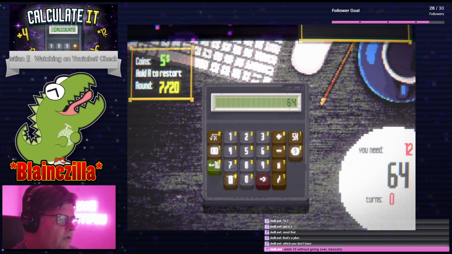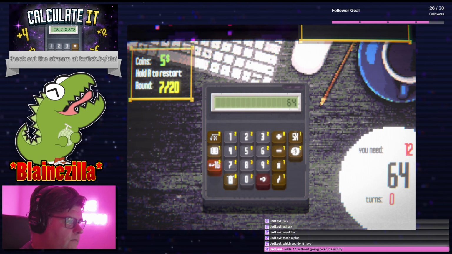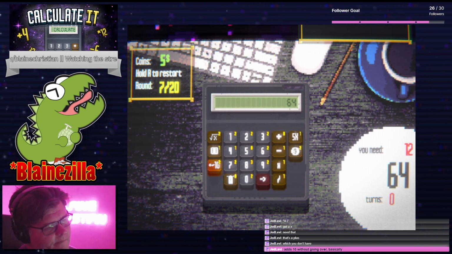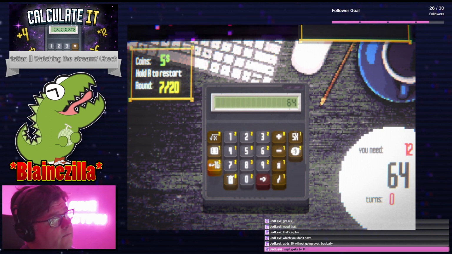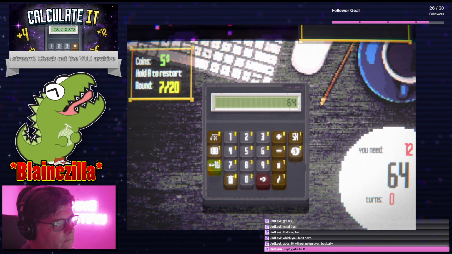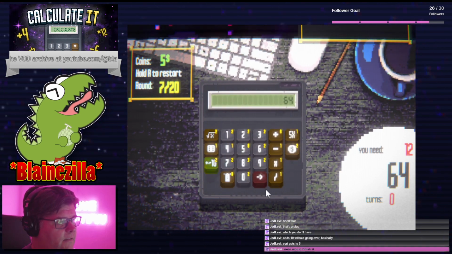So at least we're going in the right direction. So obviously divide by 2. Nope, that's 32. Square root would be 8. Yep. And then we can do our magic button, and that'll clear it.